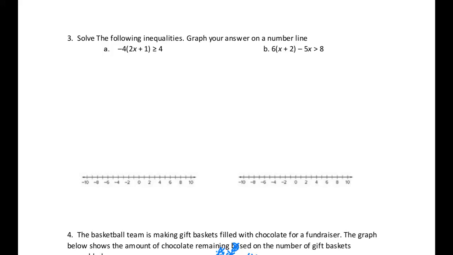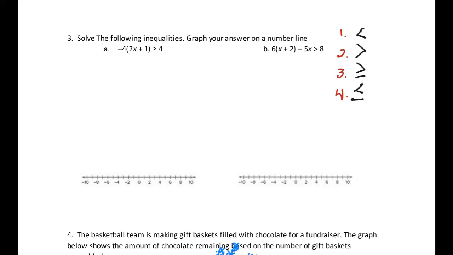So here are our inequalities. We have is less than, is greater than or equal to, is less than or equal to. Which of these, since we're looking at problem number 3, would have an open circle?